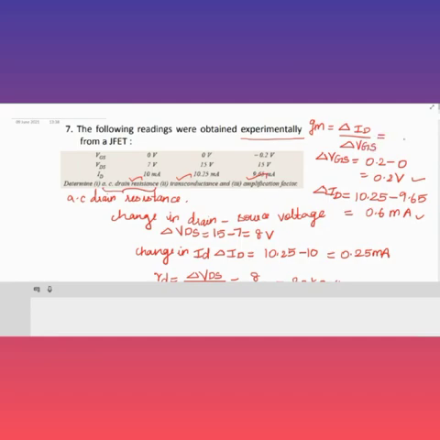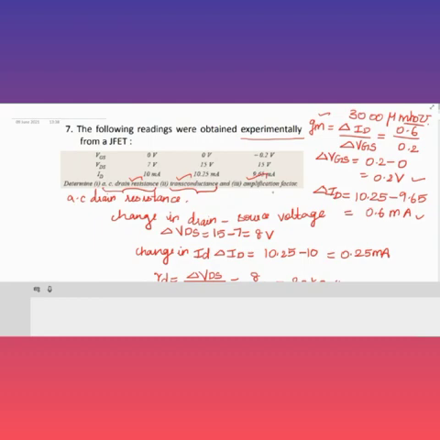So that is equal to 0.6 divided by 0.2. When I substitute this, I will be getting the value as around 3000 micromho. Micromho is the unit of transconductance. So now we finished finding the transconductance also.